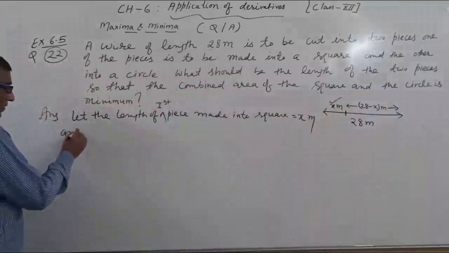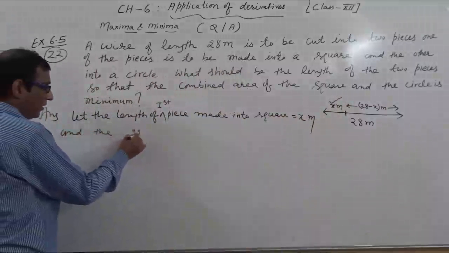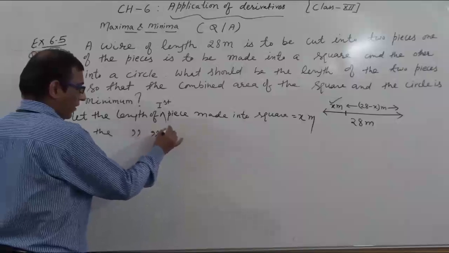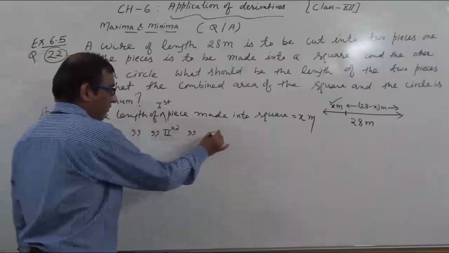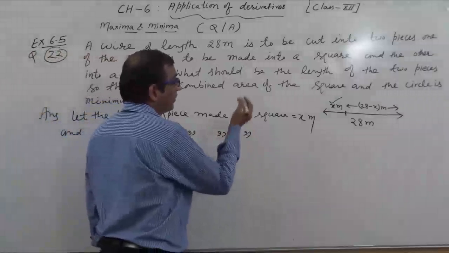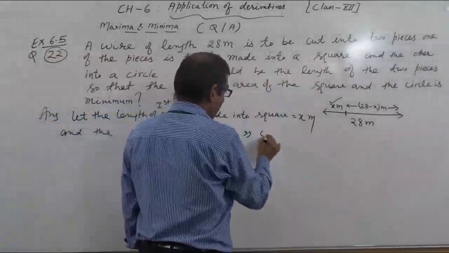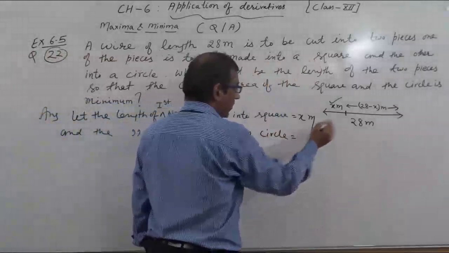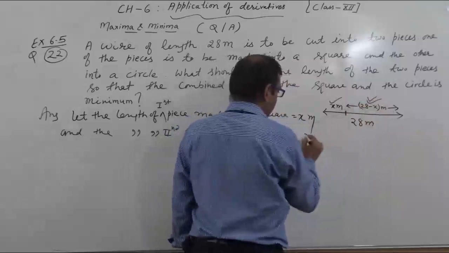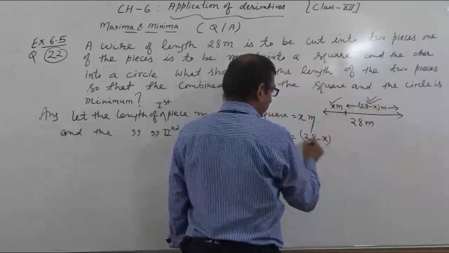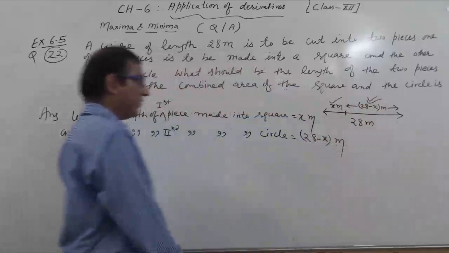and the length of second piece, made into a circle this time, be 28 minus x meter. Right.